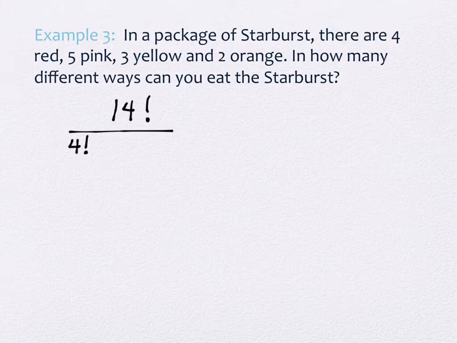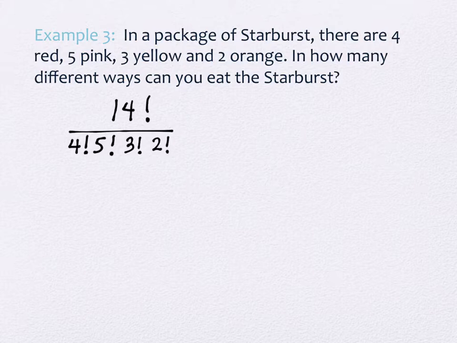How many pinks do I have? 5. Have you guys seen the Starburst packages that are all pinks? That's my kind right there. How many yellows? 3. And then how many orange? 2.